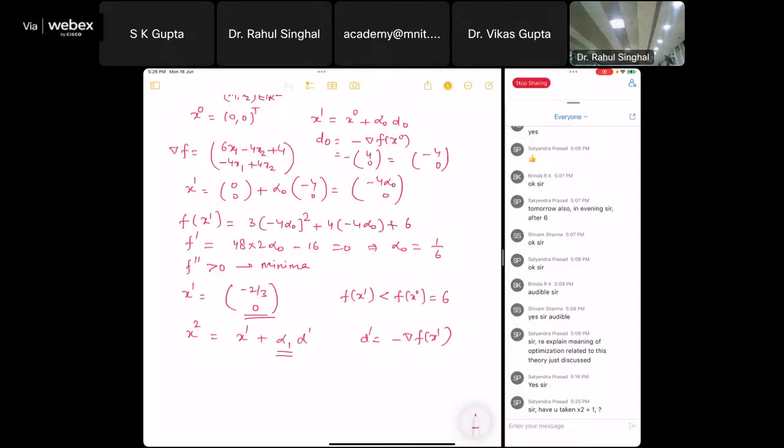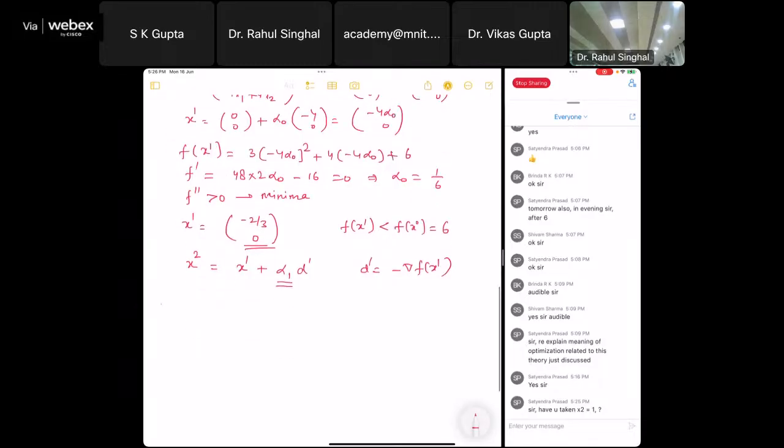So when we have to stop, for stopping criteria we have different criteria. Either people use norm of xk plus 1 minus xk should be less than epsilon, or some people use norm of f of xk plus 1 minus f of xk should be less than delta.